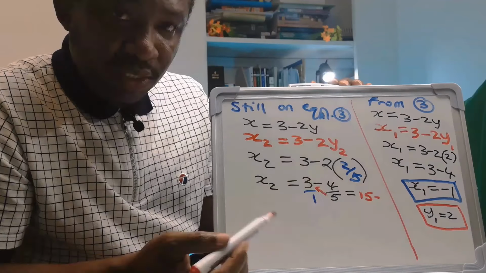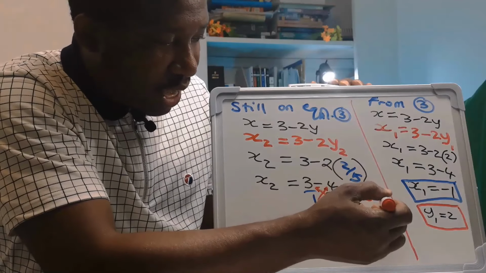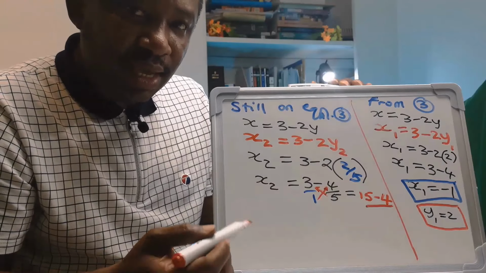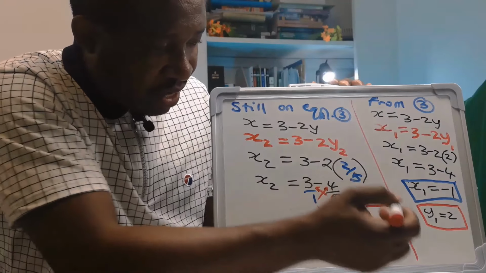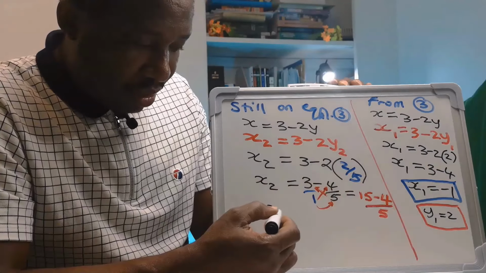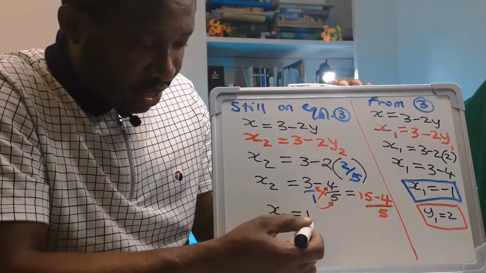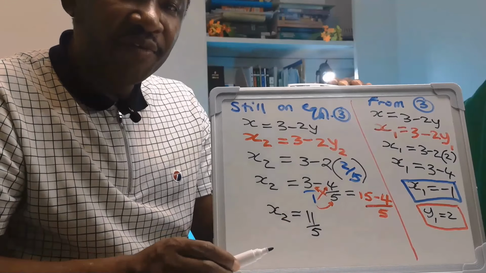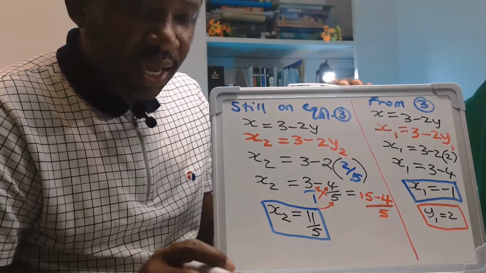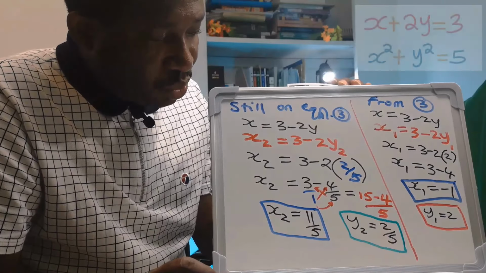There is a minus. Next, 1 will multiply 4, and you're going to get 4. At the denominator, 1 will multiply 5, and you're going to get 5. x2 is now 15 minus 4 is 11, and at the denominator we have 5. x2 is 11 over 5, y2 is 2 over 5.